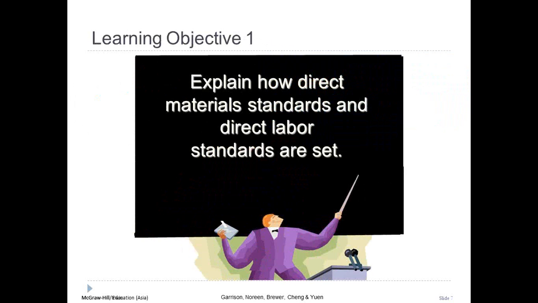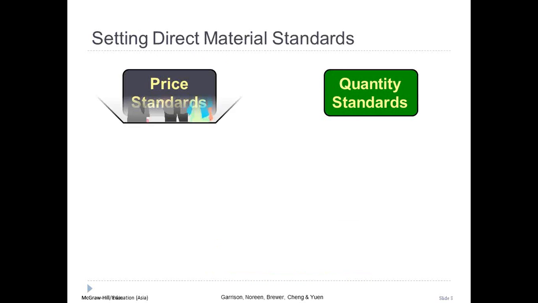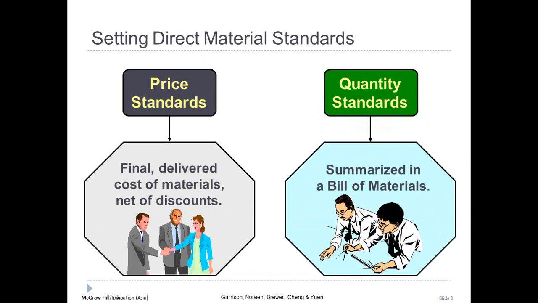So let's look at learning objective number 1. Explain how direct materials standards and direct labor standards are set. The standard price per unit for direct materials should reflect the final delivered cost of the materials, net of any discounts taken.